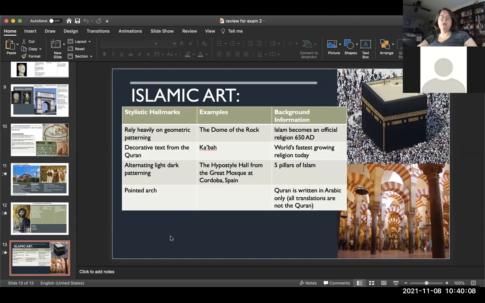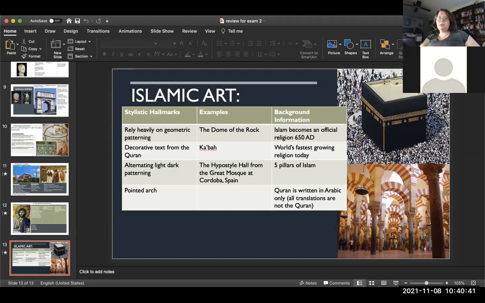That geometric patterning is supposed to help the person who's praying focus on the other world and their prayers, so that their prayers go up and are heard in the heavens, and to kind of focus the worshiper away from worldly things. We often see in Islamic art decorative texts from the Quran.